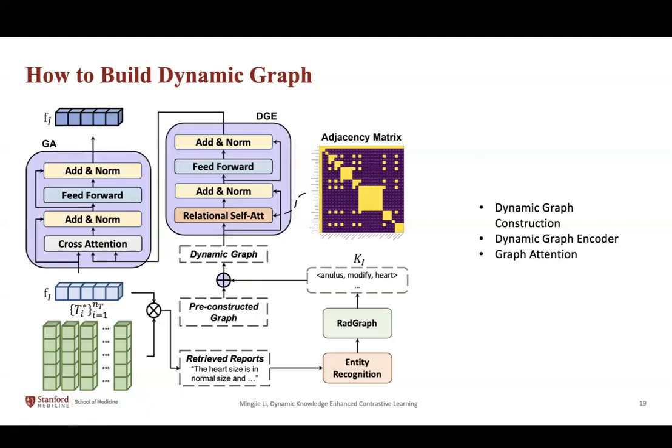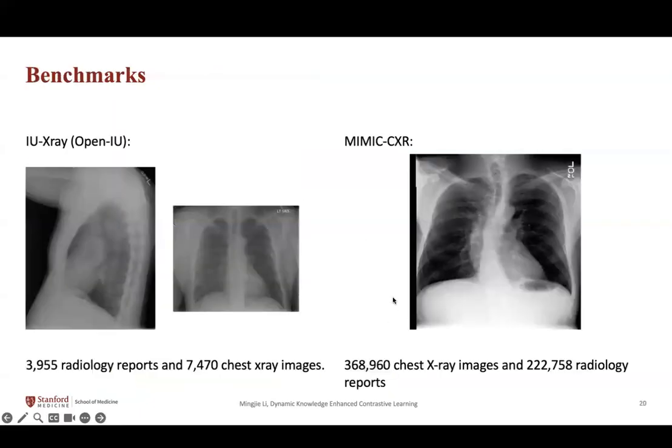Okay, so I will continue. Here I will introduce the benchmarks which we used to evaluate our models. The IU-Xray, which is also known as OpenI, is a widely used benchmark.